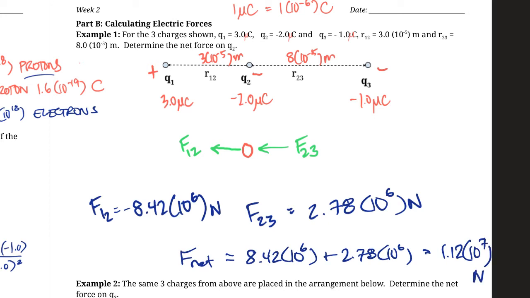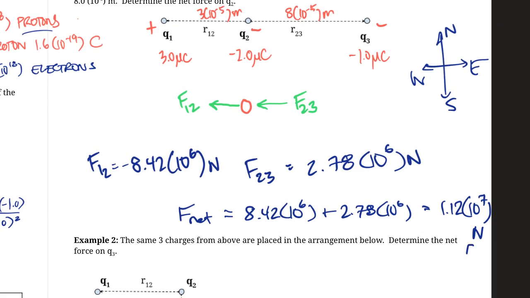And of course the direction is important. I know I didn't give you directions in this question, but let's assume north, south, west, east. So the net force is to the west. Okay?